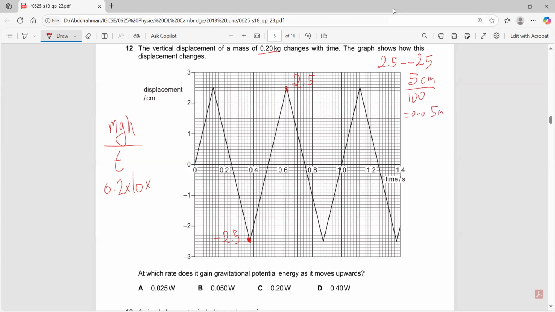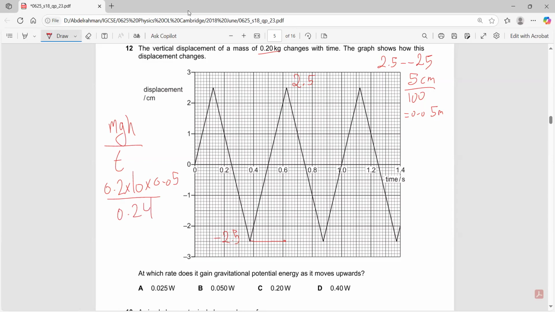So 0.2 times 10 times 0.05 divided by the time taken between these 2 points. What is the time taken between these 2 points? Let's see. From this point all the way to this point, 0.2, and then you add another 0.2 and another 0.2. So 0.24.